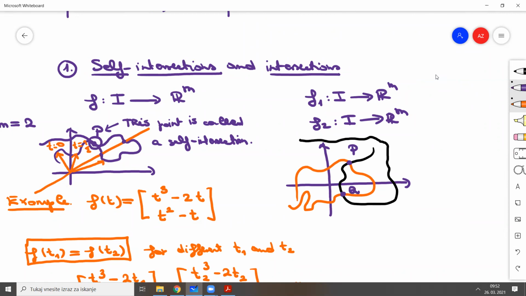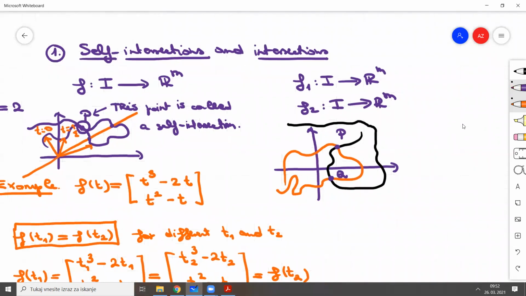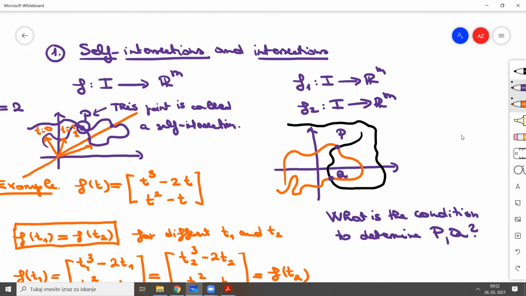So what is the condition now to find those points? Which system do we have to solve?